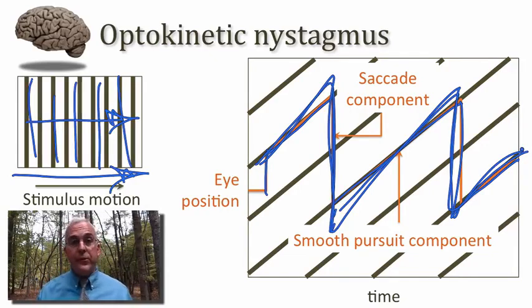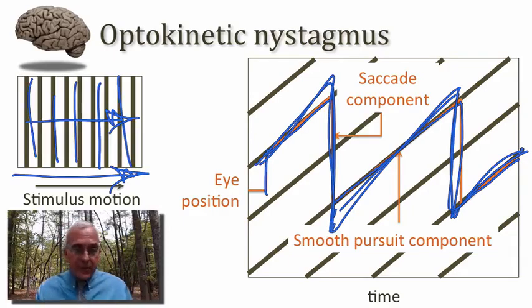You may remember this word, nystagmus. We talked about it when we considered the vestibular system. It has to do with a nodding. That's what this word means, a nodding, as if we're falling asleep. So there's a slow movement, and then there's a quick reflexive movement in the opposite direction.